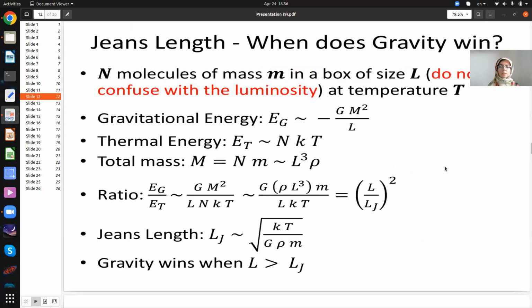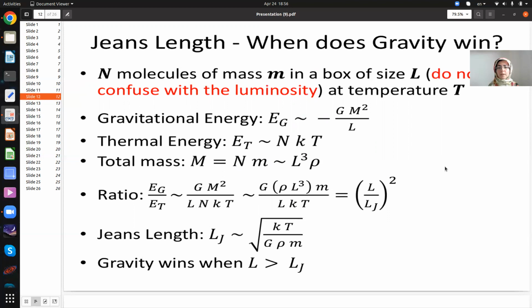Here we have the Jeans length. When does gravity win? N molecules of mass m in a box of size L. Just pay attention not to confuse it with the luminosity. L is related to length for the Jeans length.